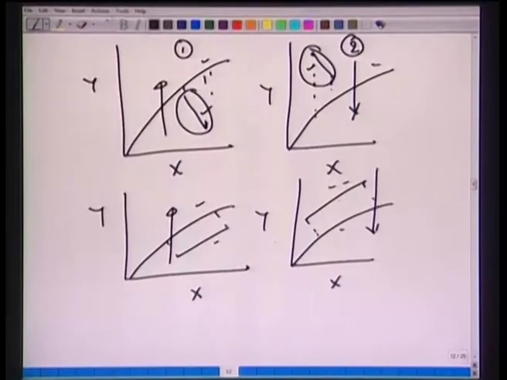In general, you can see that the difference between this and this is much larger. The average driving force from P to Q is much larger here than in the co-current case, which means the size of the equipment will be much smaller in the counter current case than in the co-current case.